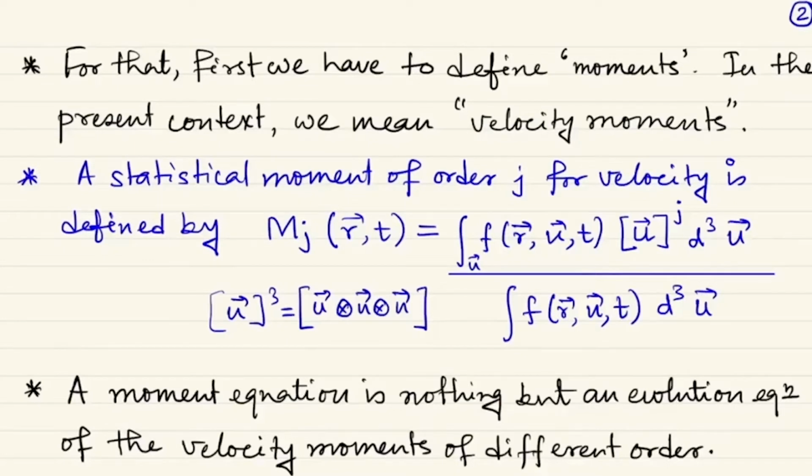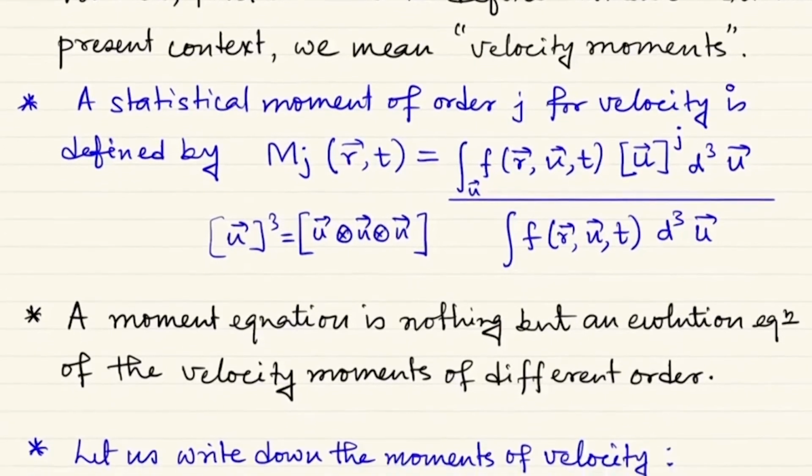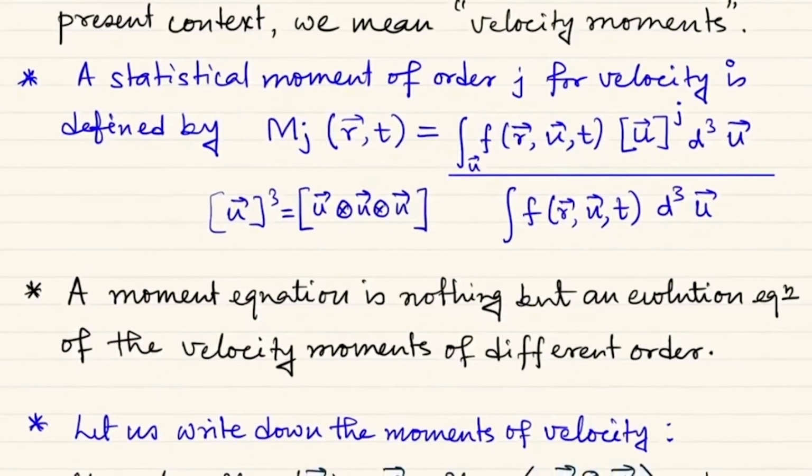∫f d³u. Already during the derivation of Liouville's equation we learned that this is nothing but the number density. So for every averaged quantity, for normalization, it should be divided by the number density in order to get the normalized value of the statistical moment.